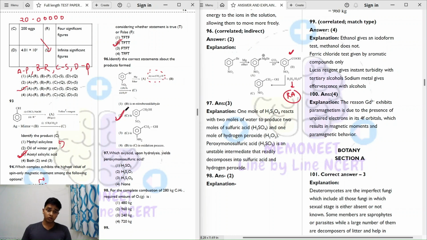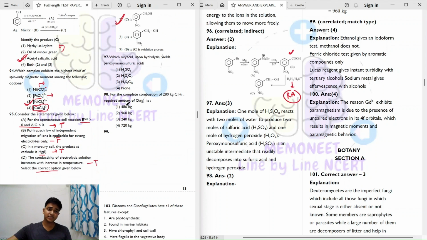Okay, moving on to the next question. The question says which oxy acid upon hydrolysis yields peroxymonosulfuric acid. First of all we need to understand what is peroxymonosulfuric acid. Peroxymonosulfuric acid is H2SO5. It is not a well-known compound because it is an unstable intermediate.